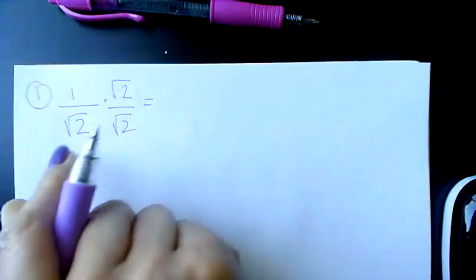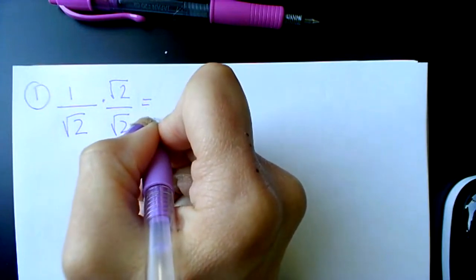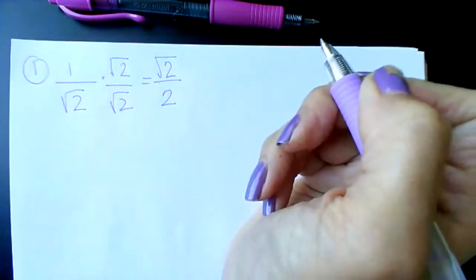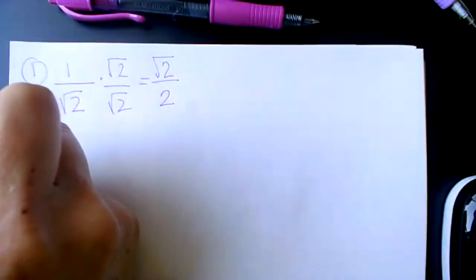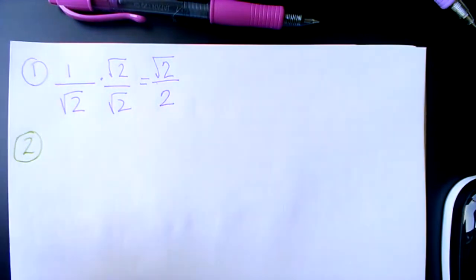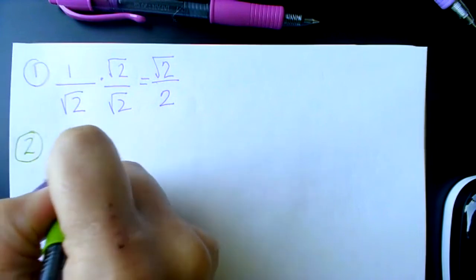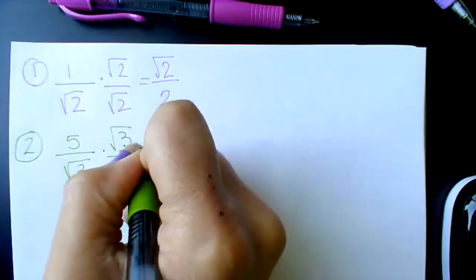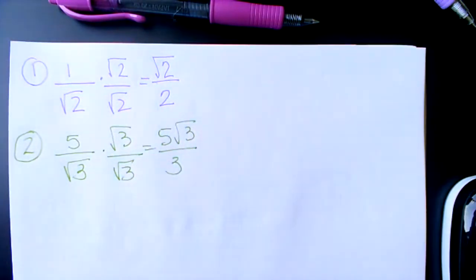What is going to make it a perfect square? If I multiply it by the square root of 2, because what do I get? I get a 2 in the denominator and square root of 2 in the numerator. The same with this one, 5 over the square root of 3. If I multiply by the square root of 3, I get 5 square root of 3 divided by 3.